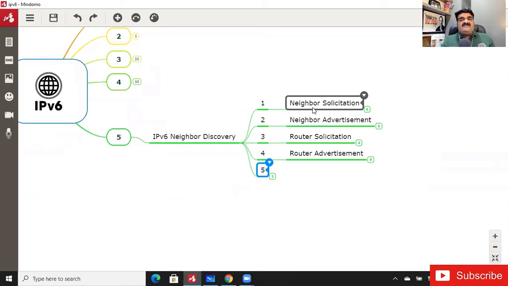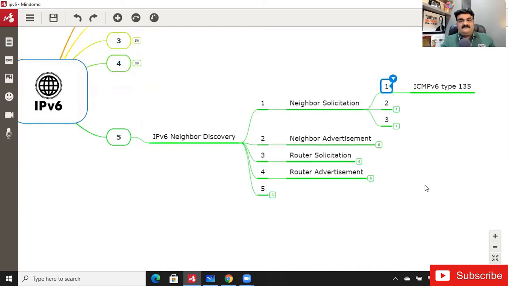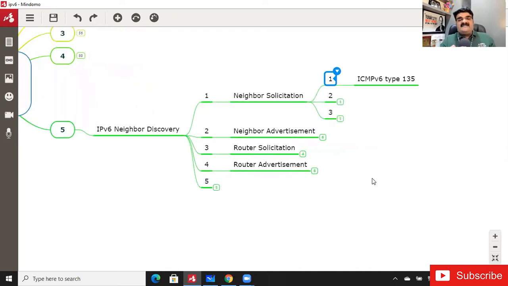The first one is known as neighbor solicitation, in short NS. NS is like an ARP request. The whole NS communication is based on ICMP version 6, and when you capture the packet it is called ICMP type 135.